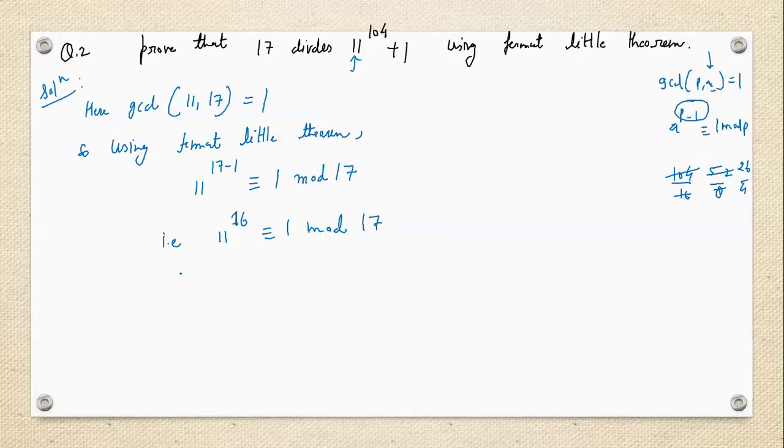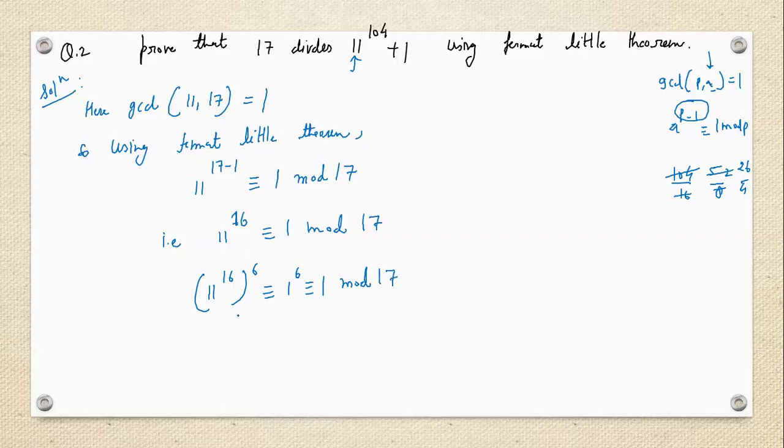So can I do that, 11 to the power 16, taking power 6 on each of them? That will be 1 to the power 6, which is 1, congruent to 1 mod 17. Correct? This one.